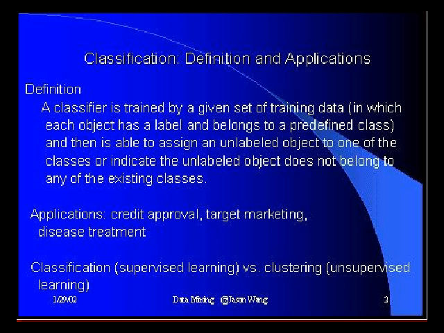And classification, using the machine learning terminology, is known as supervised learning because the classifier is supervised and is trained by some training data first. I'm going to describe to you specifically how a particular classification algorithm is trained by training data in the next few transparencies.